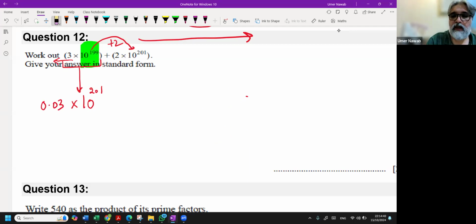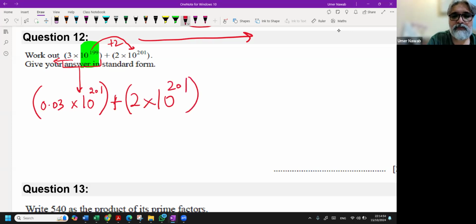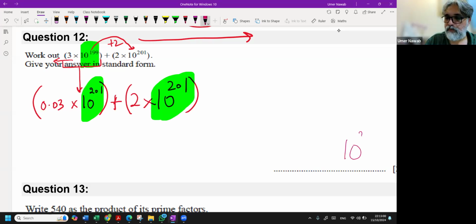Now I'm very happy that this number is changed to this form and I'm going to add it to 2 times 10 raised to the power. No need to write this step, but it's obvious. Now we confirm both powers are the same. Just write it only one time: 10 raised to the power 201 times. What shall I write here?